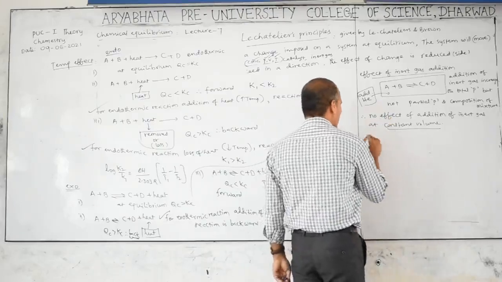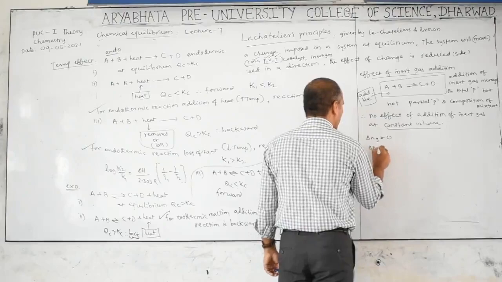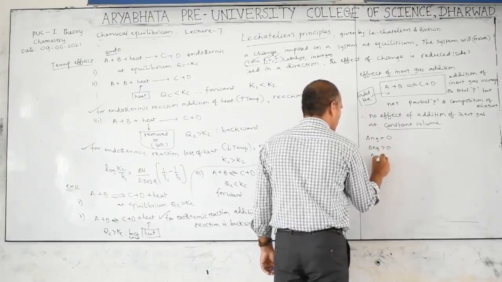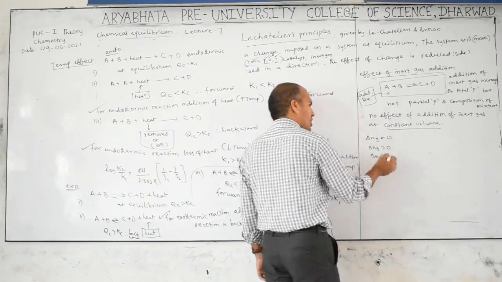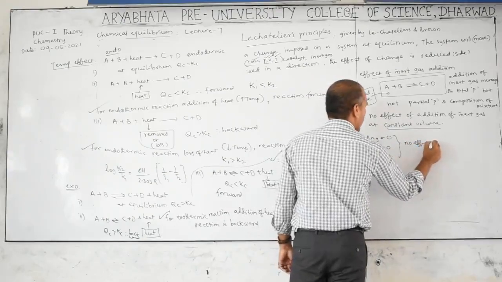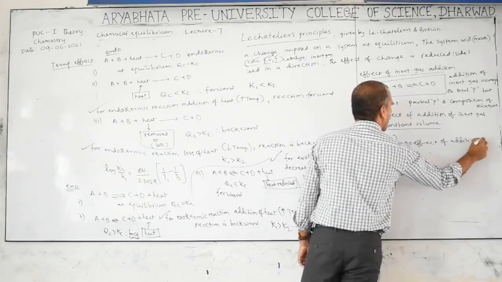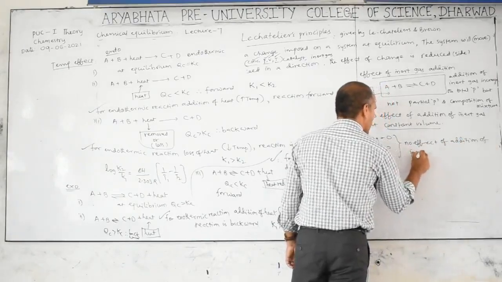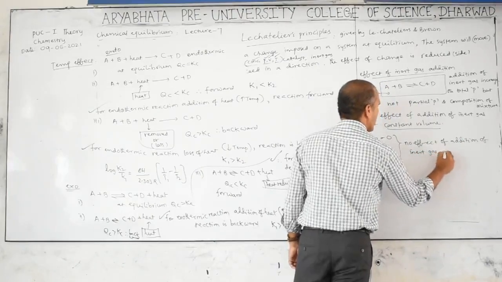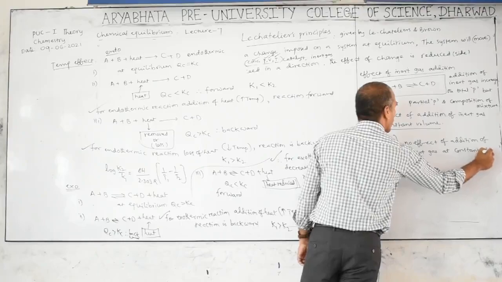Now, whether delta Ng is 0, delta Ng greater than 0, or delta Ng less than 0, anything is there? No effect of addition of inert gas at constant volume.